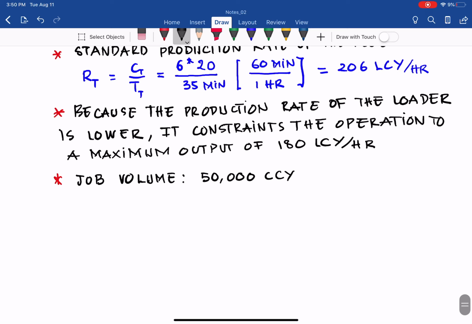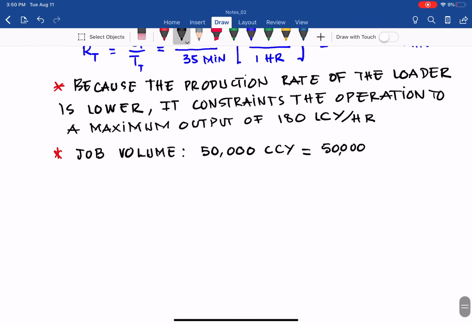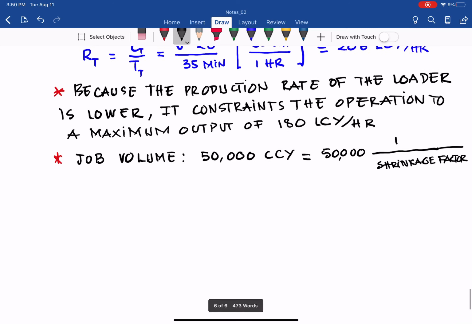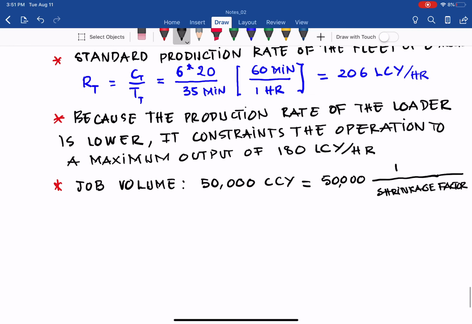Okay, and from that we can find out the change to BCY. For this one, I can say that it equals 50,000 times 1 divided by shrinkage factor. And if the problem doesn't give you the number, you can go to the table in the reference or the exam reference on the slide that I showed earlier.